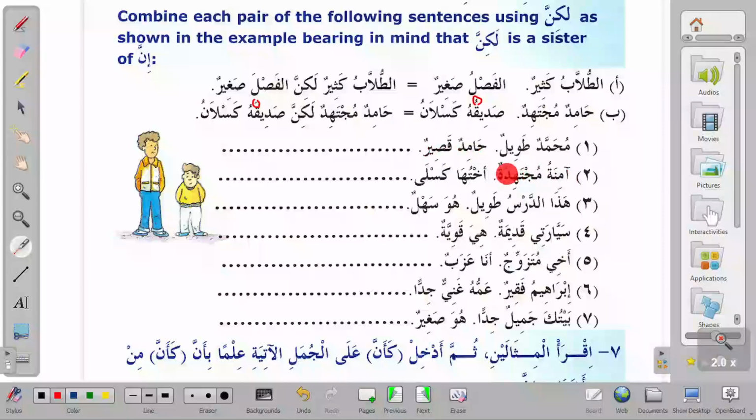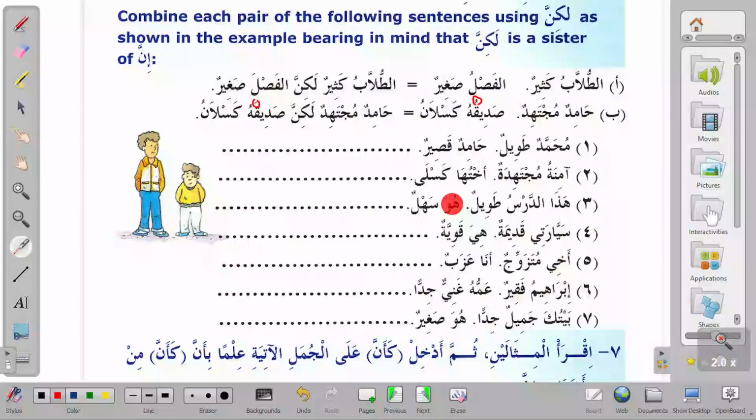Aminatu mujtahidatun, Amina is hardworking, lakinna ukhtaha kesla. Next: هذا الدرس طويل, the lesson is long, لكنه سهل, but it is easy. You will say لكنه. We don't say it separately because this is a damir. Whether inna or lakinna comes before it, it will take the damir al-muttasil and attach to it.